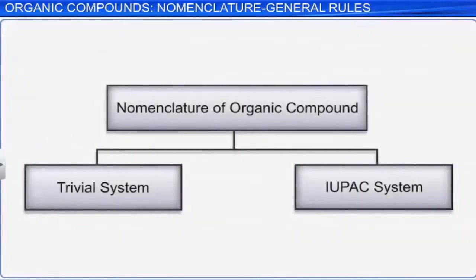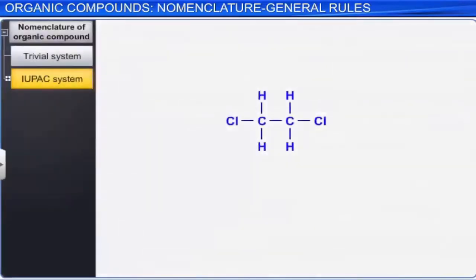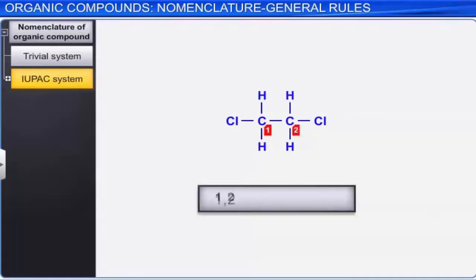Thus, in 1947, the IUPAC, that is the International Union of Pure and Applied Chemistry system of naming compounds, was first developed. The IUPAC system of nomenclature is a set of logical rules devised and used by chemists in which the name of a compound correlates to its molecular structure, thus making it intuitive for a person to deduce the structure from the name.